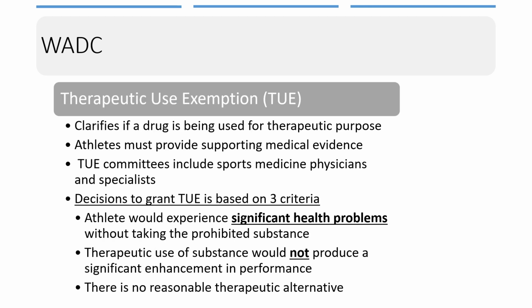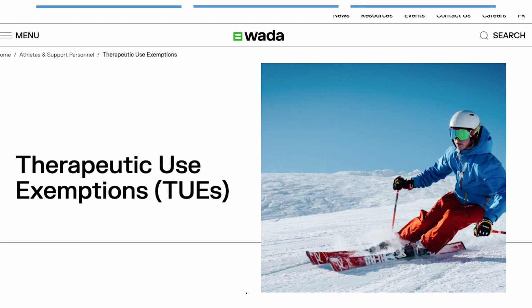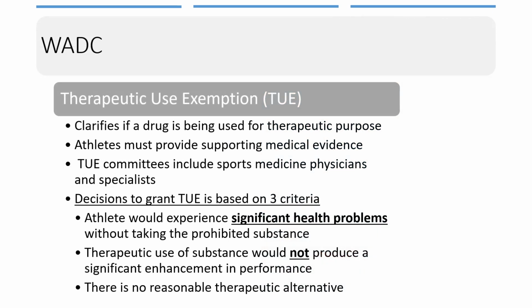And in terms of the therapeutic use exemptions, or TUE, it plays a pivotal, very important role in distinguishing whether a drug is being employed for a legitimate therapeutic purpose by the athlete or not.